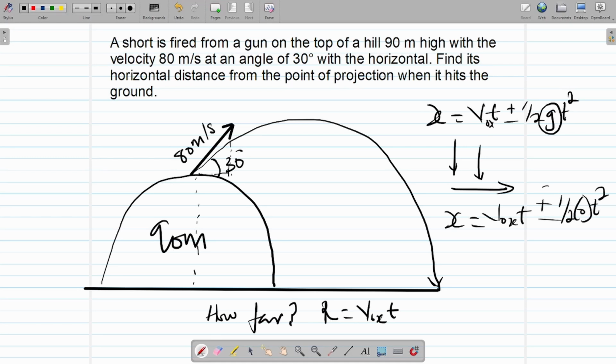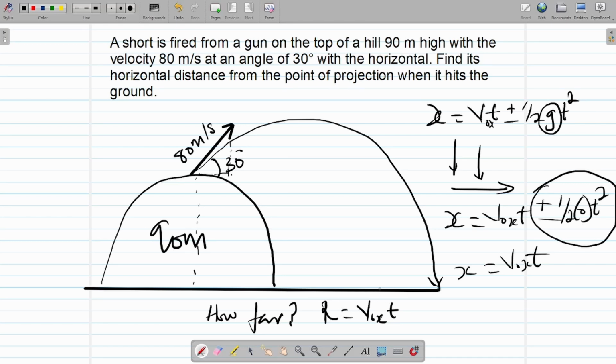Everything here will go away because 0 multiplied by t will give you a 0. 0 multiplied by plus or minus half will also give you a 0. And you'll be left with x is equal to v naught x multiplied by time. Why? Because there is no acceleration due to gravity in the x direction. So the formula for the range now simplifies to this.